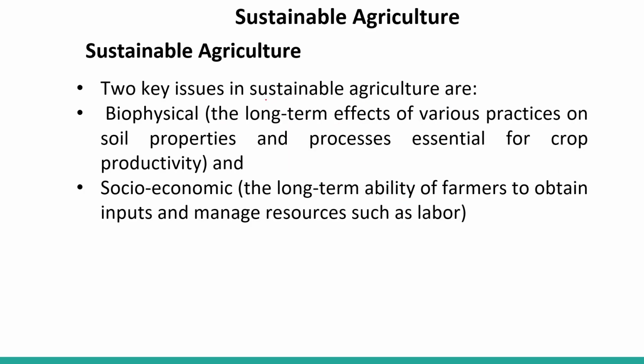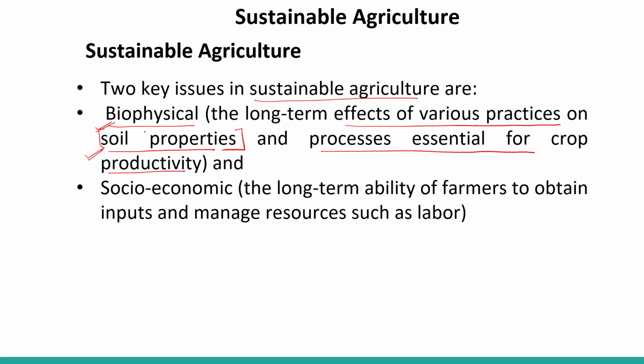Two key issues in sustainable agriculture are, what are those? Biophysical: the long-term effect of various practices on the soil properties and the processes essential for crop productivity. So we should take care of the soil properties. What type of soil is this?